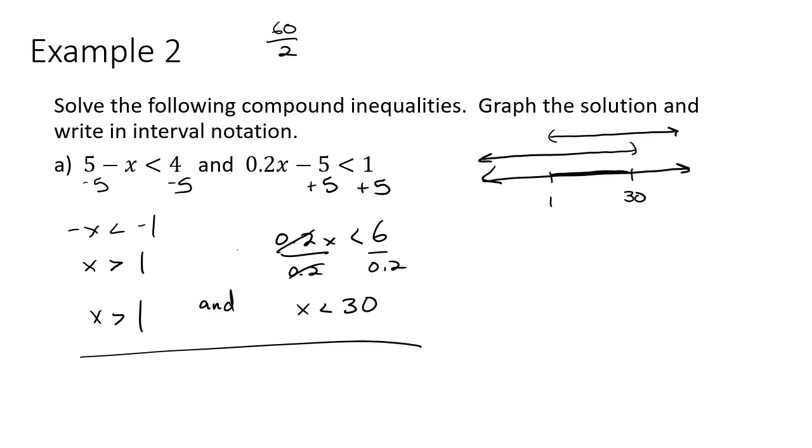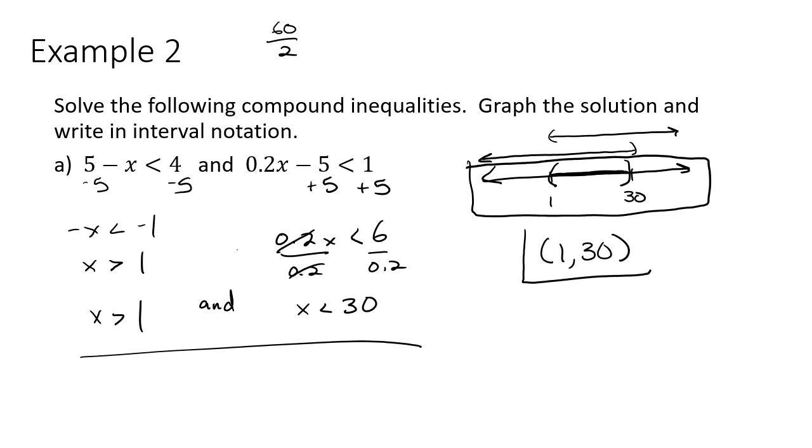And so since 1 is not on both, the parentheses just carry down. The same is going to be true for the 30. It's part of the top solution, but not the bottom. So we get parentheses for it as well. So this is the final graph of the solution. This is the bounded open interval from 1 to 30.